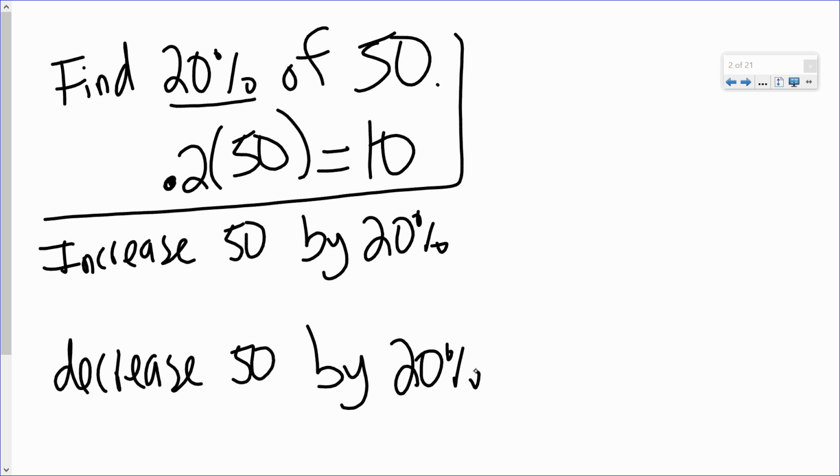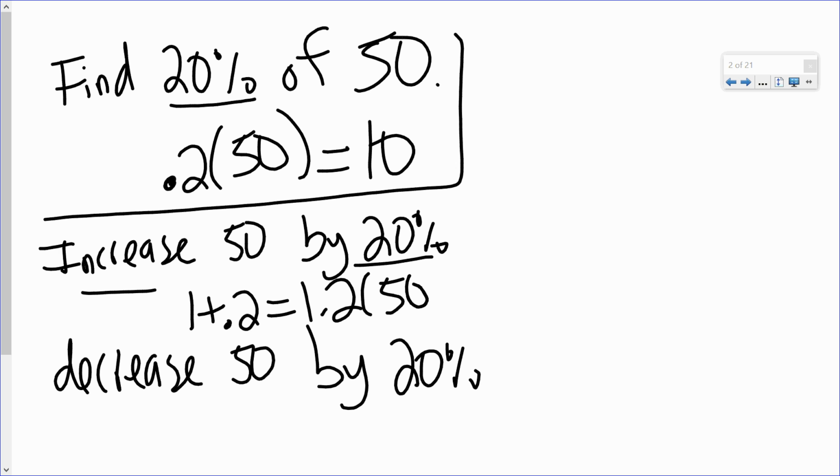We've done this already earlier this year when we did exponential word problems. So if I'm increasing by 20%, I'm doing 1 plus 0.2, which is 1.2. I'm then taking that 1.2, multiplying it by 50, just like I multiplied the 0.2 by 50 here, and that gives me 60.